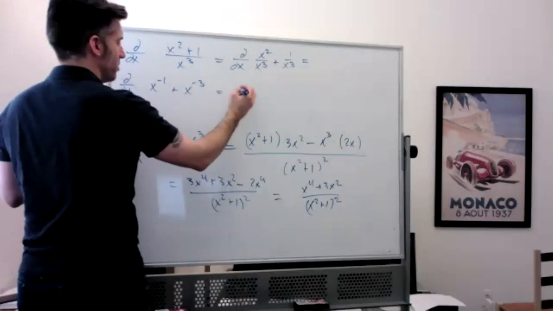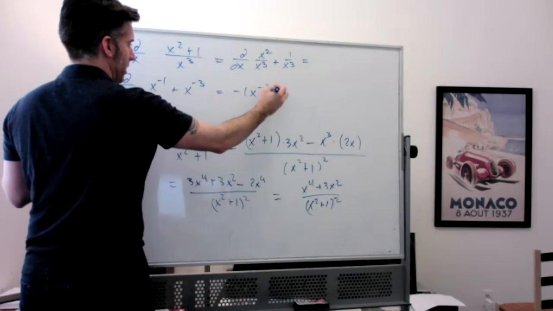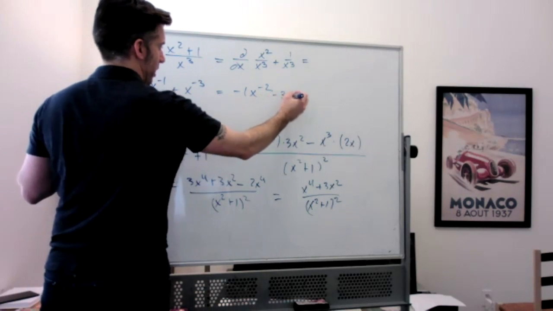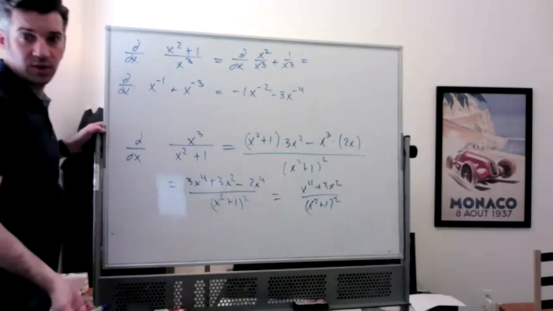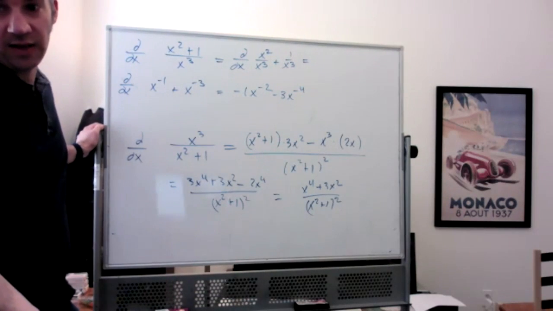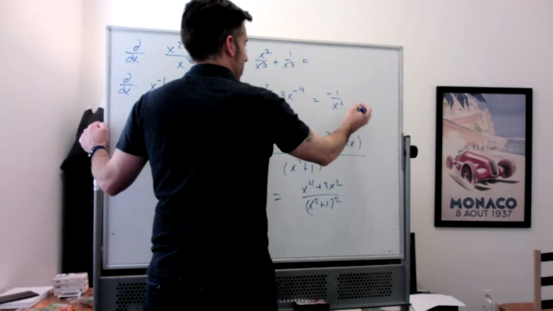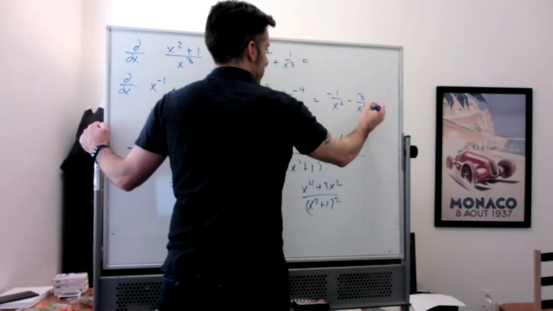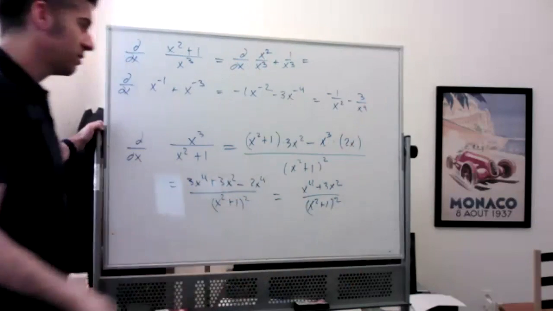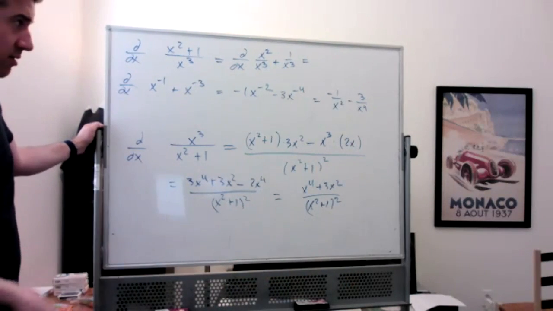That's equal to negative 1 x to the minus second minus 3 x to the minus fourth. You could leave it like that, or write it as negative 1 over x squared minus 3 over x to the fourth. Very different answer than the other one.